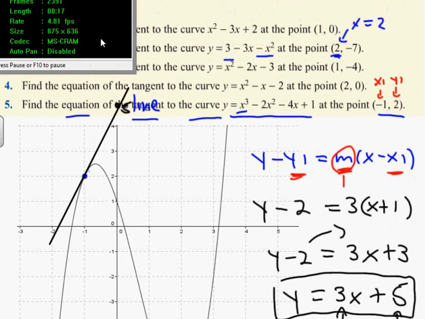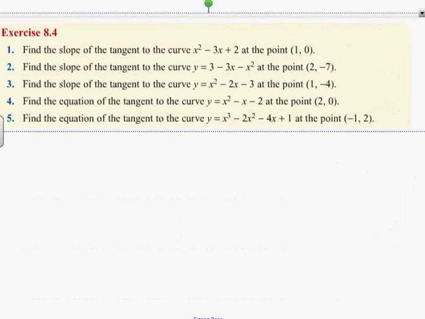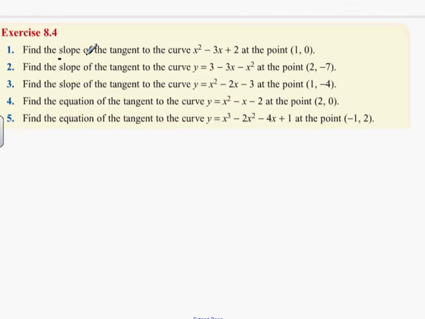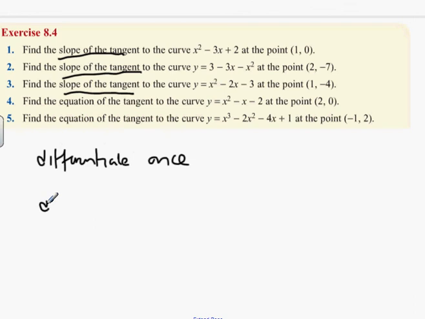So, long story short, to do these questions, when you see the words slope of the tangent, see the first 3 questions all say slope of the tangent. Everybody see that? When it says slope of the tangent, here's what you do. You differentiate once. You get the dy/dx formula.